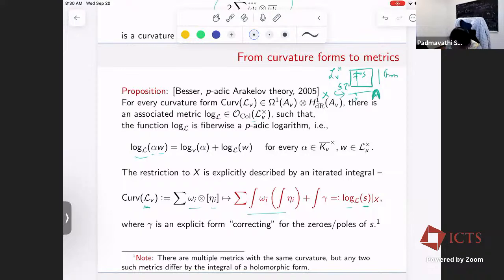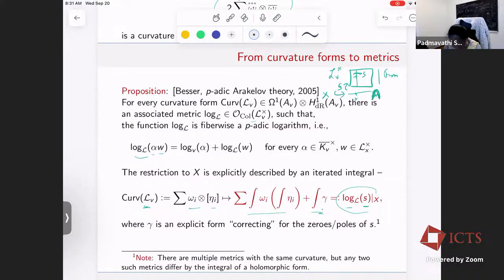chosen. So there's a correction differential form that you can work out by solving a Riemann-Roch problem, looking for a differential form with prescribed zeros and poles. And this restriction basically looks like this iterated integral corrected by the integral of this differential form.